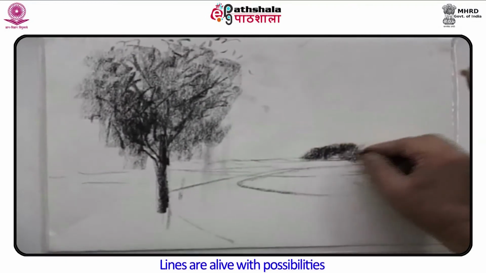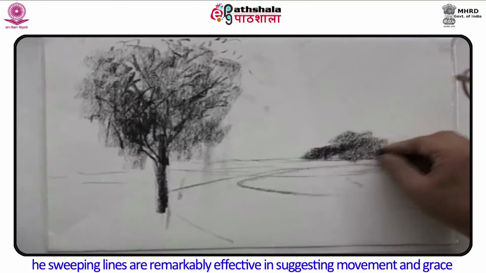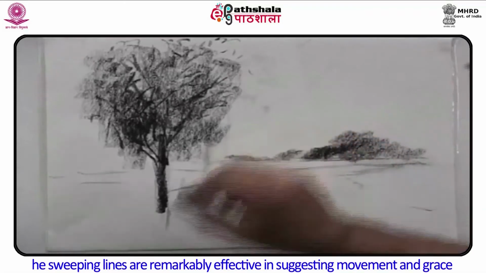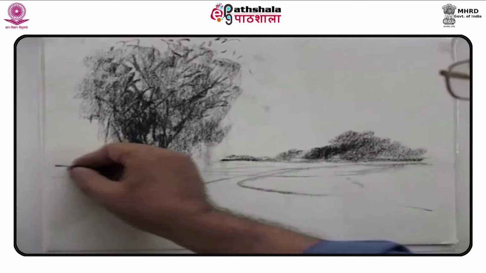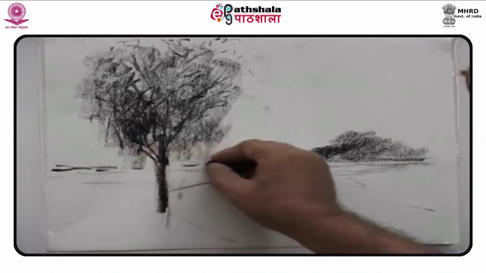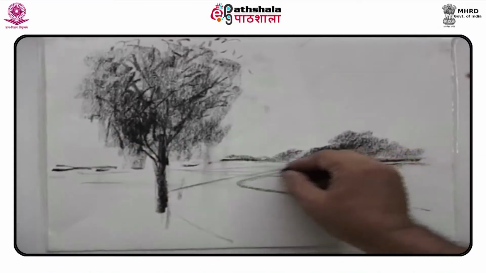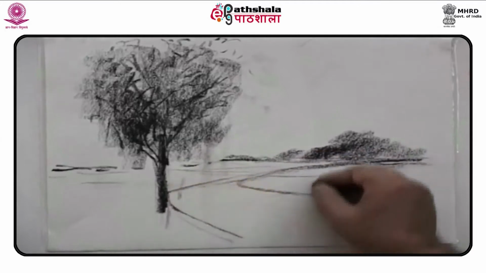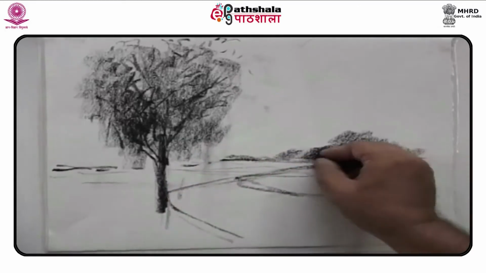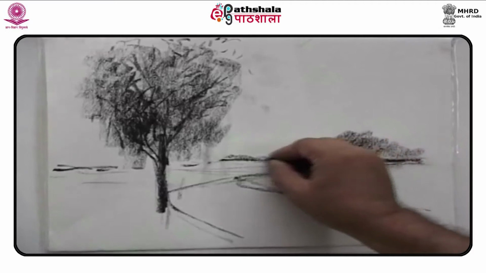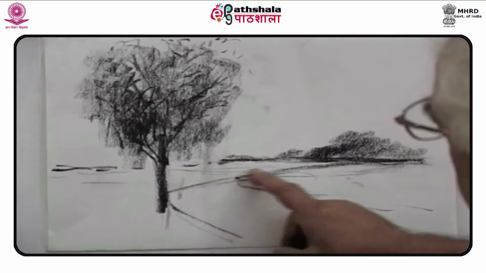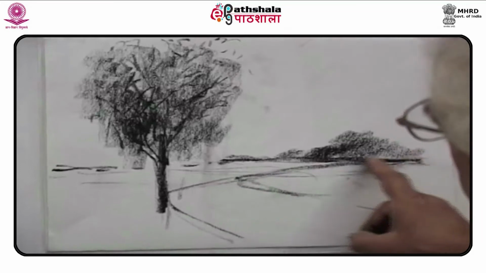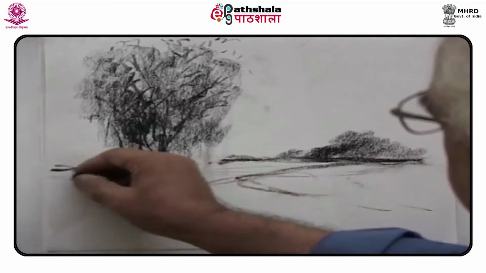Lines are alive with possibilities. The sweeping lines are remarkably effective in suggesting movement and grace. A few scribbles here and there can give the impression of bushes on the horizon.